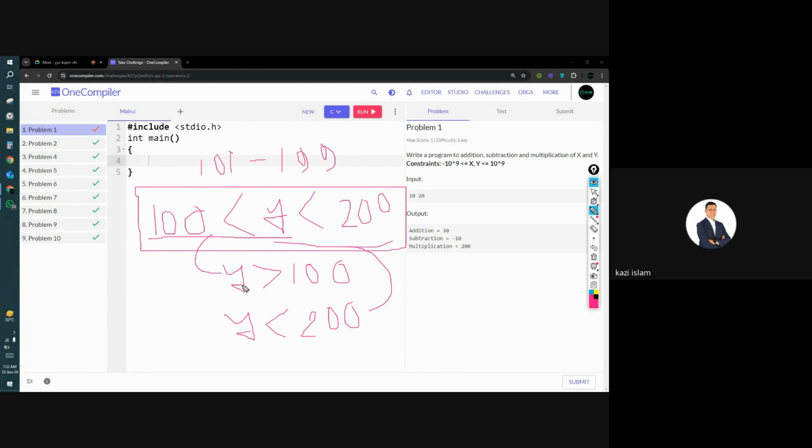Because it says it's bigger than just 100 in general. Here I have written y greater than 100. That means the value of y needs to be greater than 100. So literally any number between 100 and 200 can be the value. So how do you know it's 101?